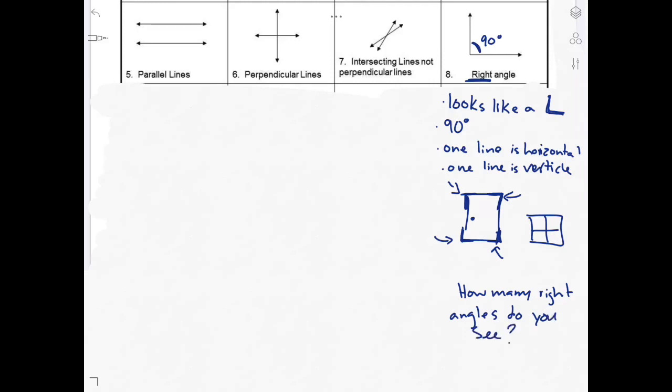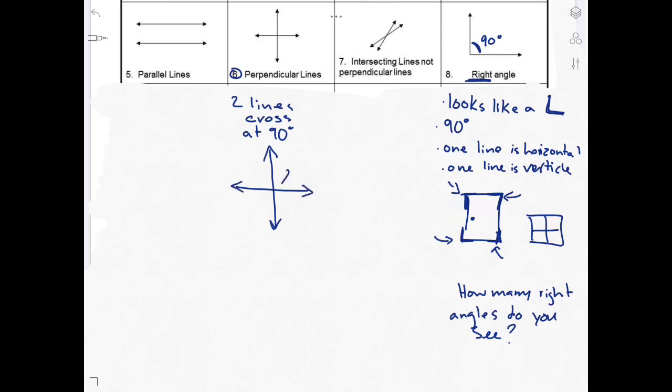All right, the next one we're going to talk about is perpendicular lines. Perpendicular lines are 2 lines that intersect, which means they cross at 90 degrees. So that's just like this, where one goes straight up and down and one goes left to right, straight.